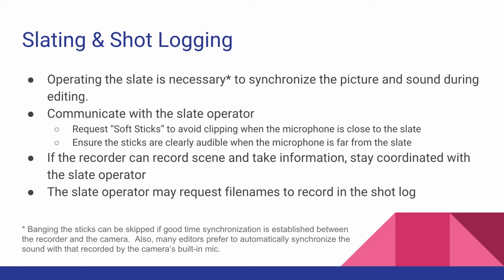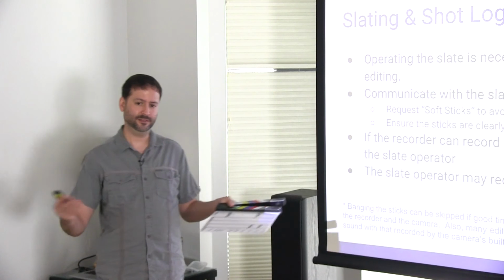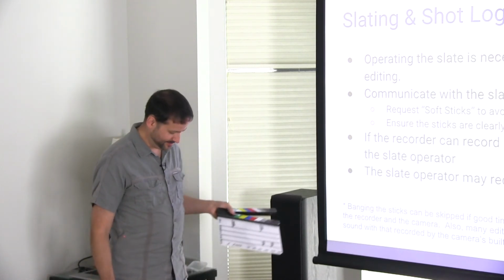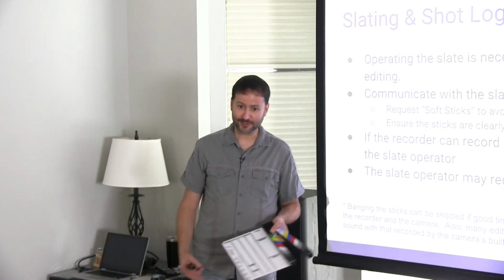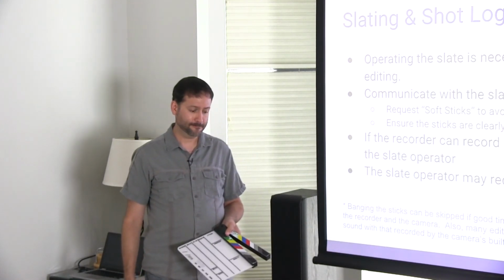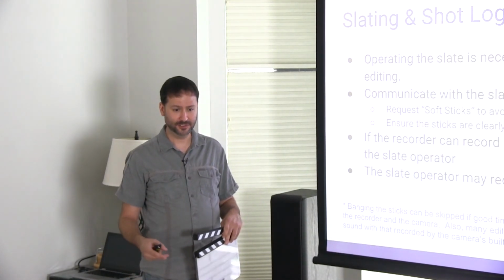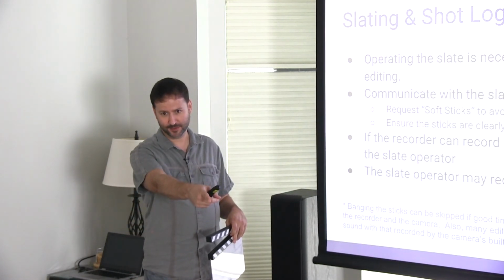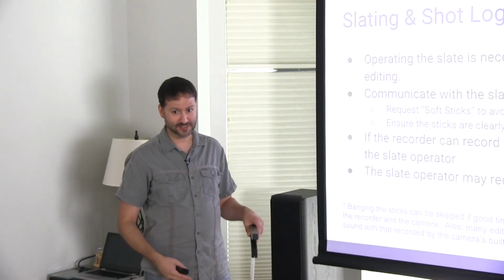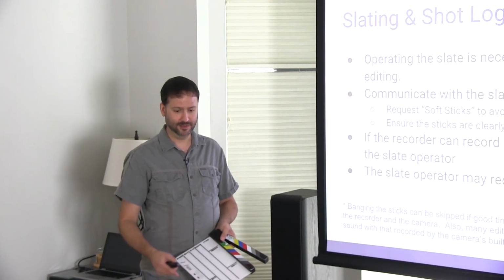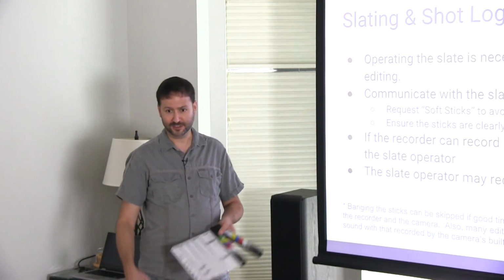Sometimes the slate operator, or the script supervisor, whoever's logging, may periodically ask for file names and file numbers. On the camera, the file name is the scene and take number, but on the audio recorder, it's just a number.